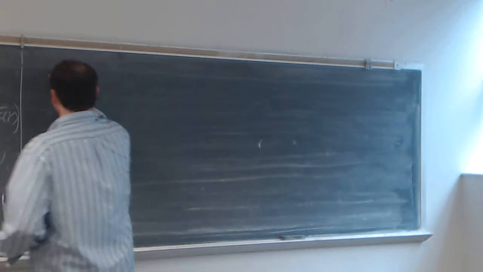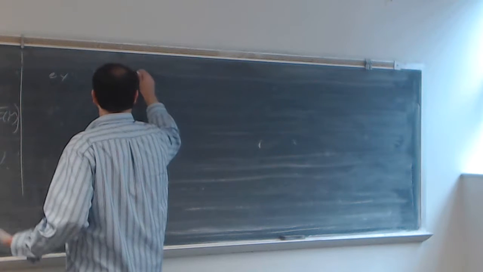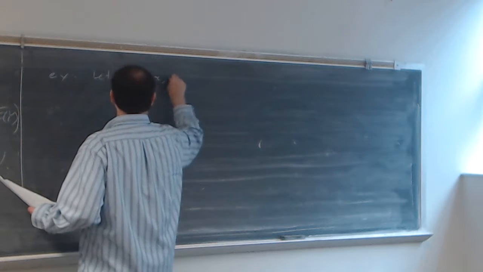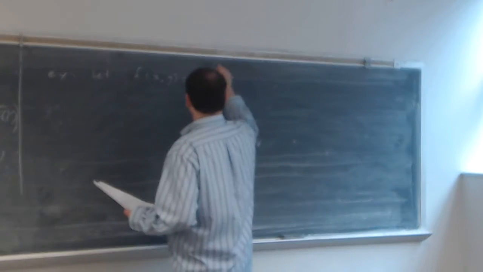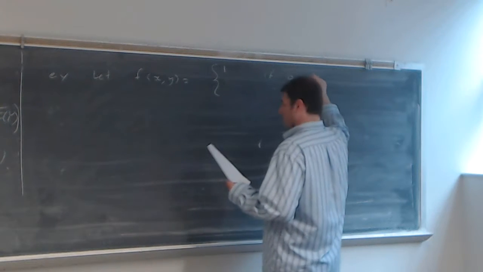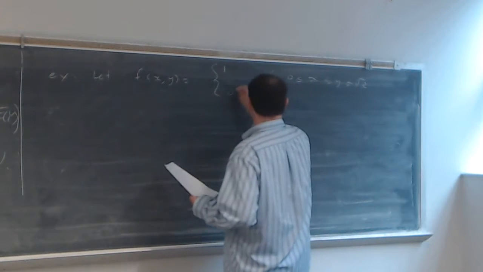So as an example, we're going to let f of x comma y be equal to 1, and that's if 0 is less than or equal to x is less than or equal to y is less than or equal to square root of 2, and 0 otherwise.